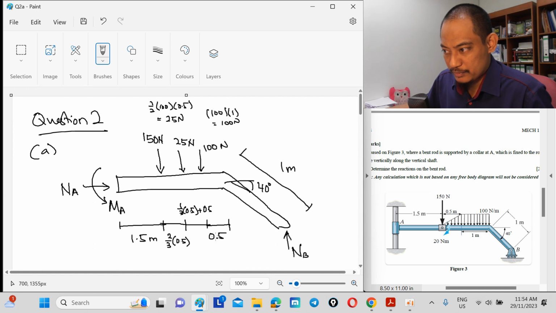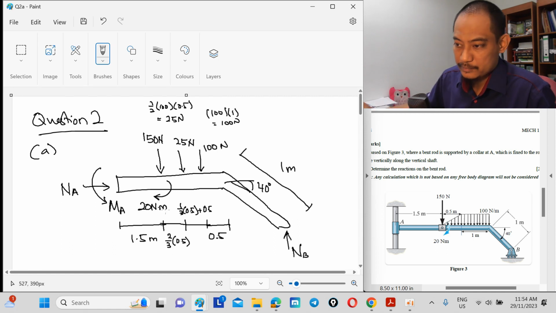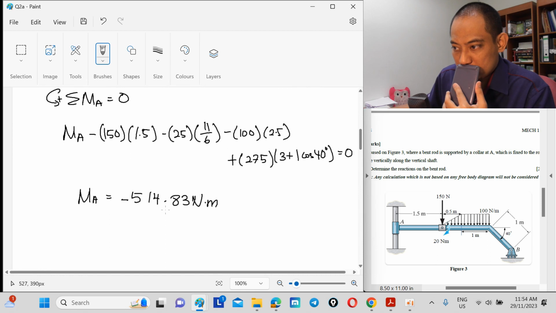150, 1.5. Oh, wait a minute. My free body diagram is not complete. I just realized I didn't see this 20 Newton meter. Given that it's clockwise, it should be minus here, right?